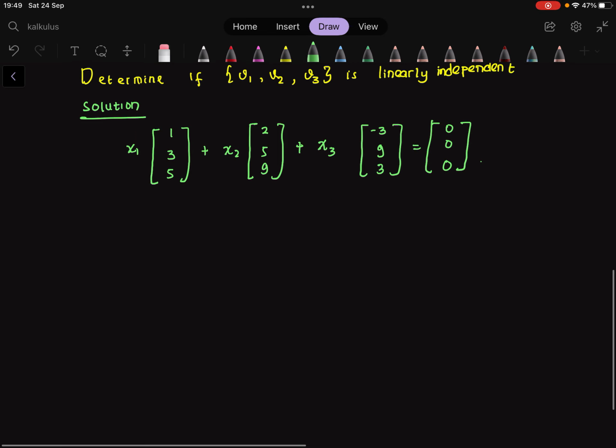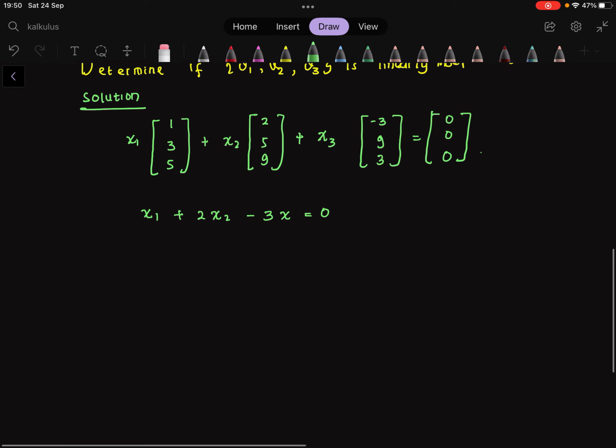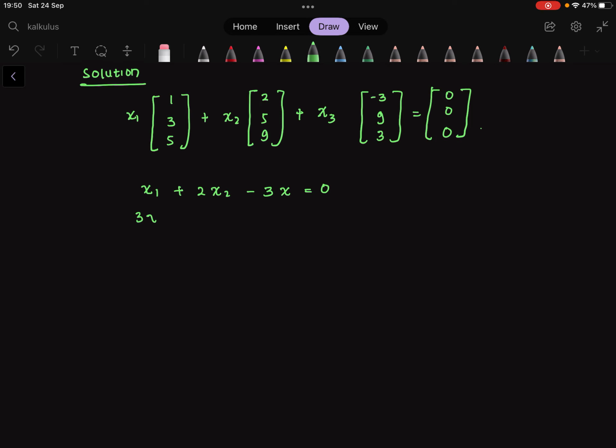Then we have a linear system: x1 + 2x2 - 3x3 = 0, and then 3x1 + 5x2 + 9x3 = 0, and then 5x1 + 9x2 + 3x3 = 0.